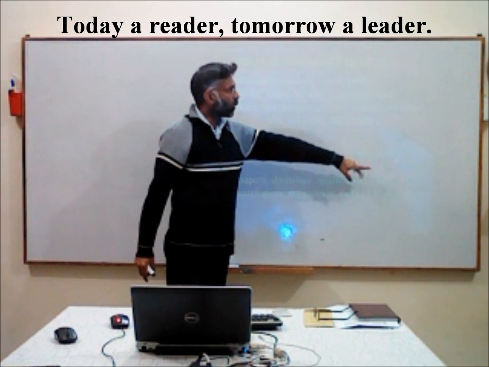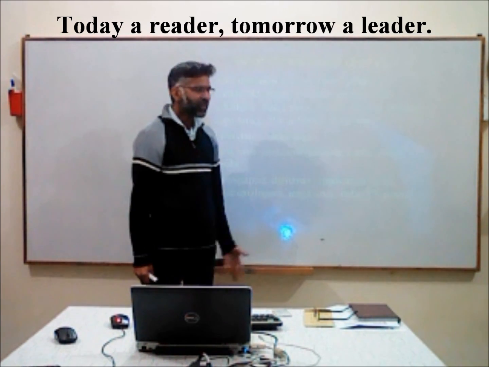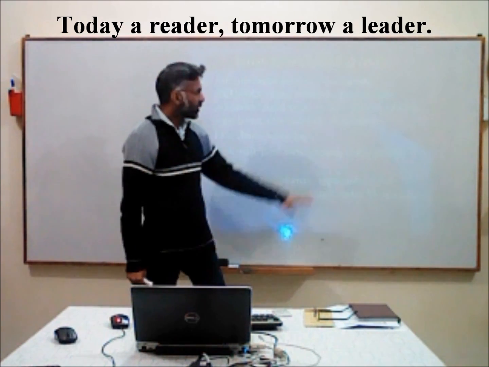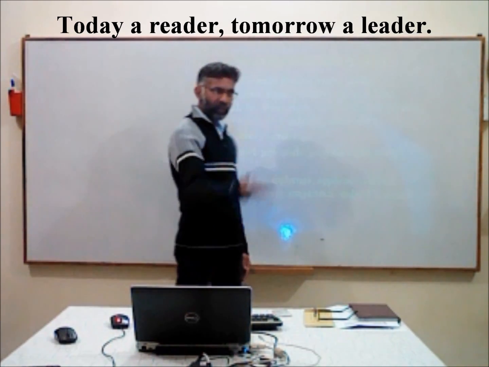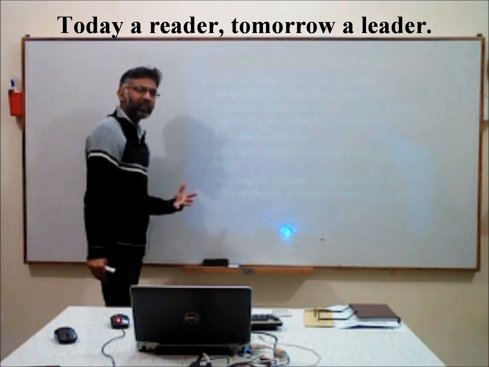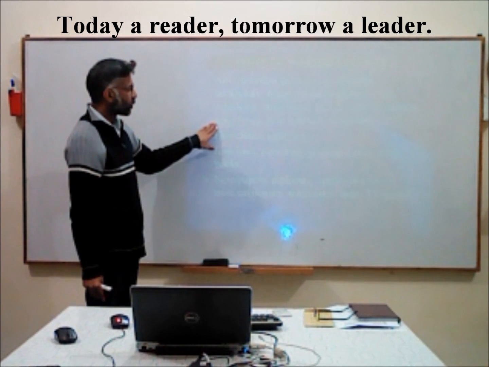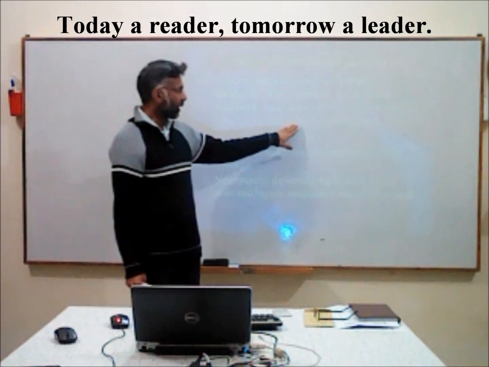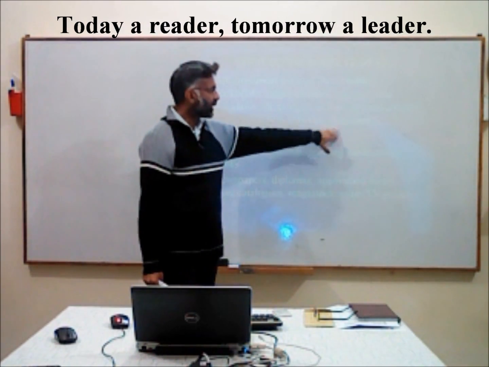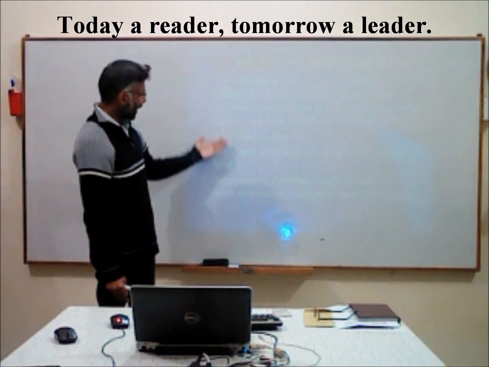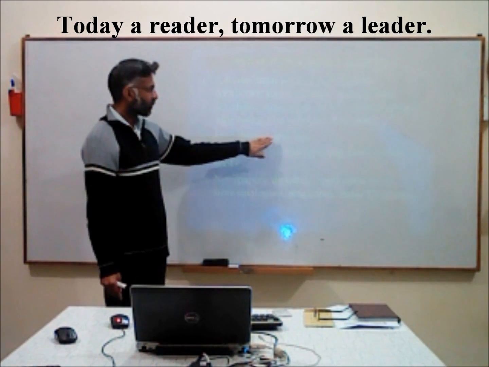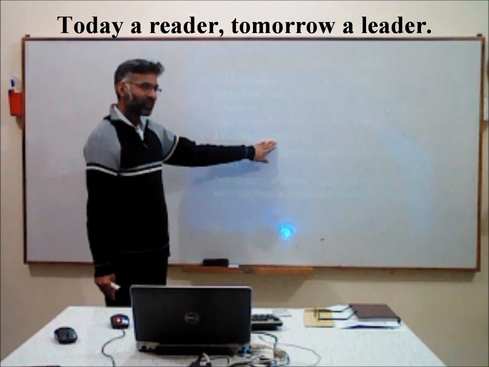Then journal articles. Journal here means journalism, journalist. So journal articles, as you have in the newspaper, in different magazines, etc. Then song lyrics, film subtitles, then diagrams. We have flow charts, name tags.